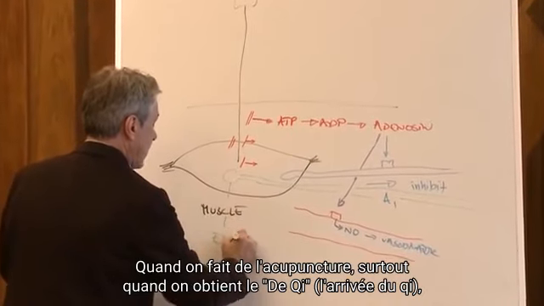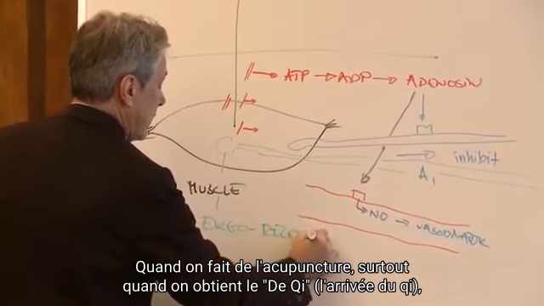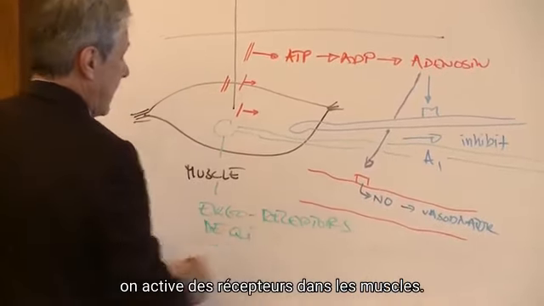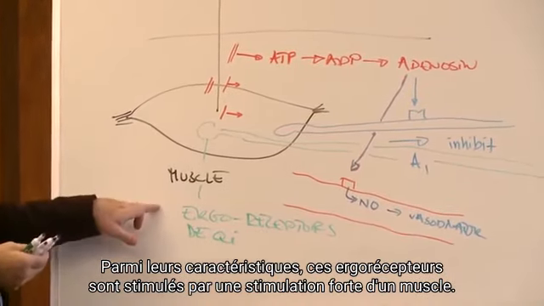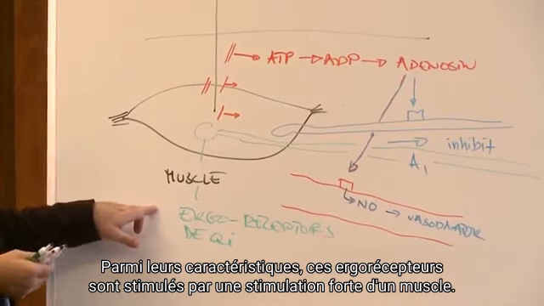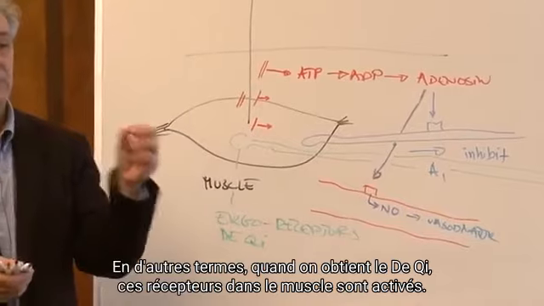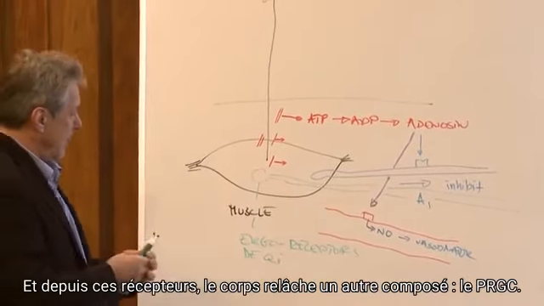So when we do acupuncture, and especially when we are evoking qi, we are activating a muscle receptor that is found in the muscles, of course. Typical for the ergoreceptors is that they are activated by a strong muscle stimulation. So in other words, when we do qi, these muscle receptors are activated.